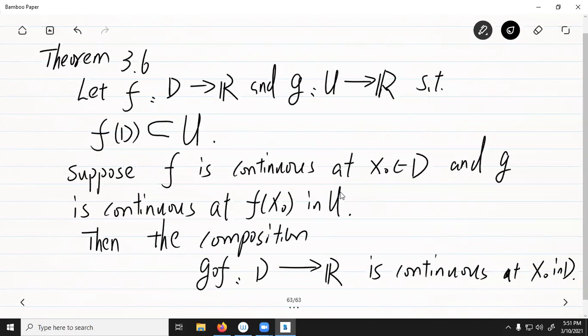Then g composed with f would be a continuous function.